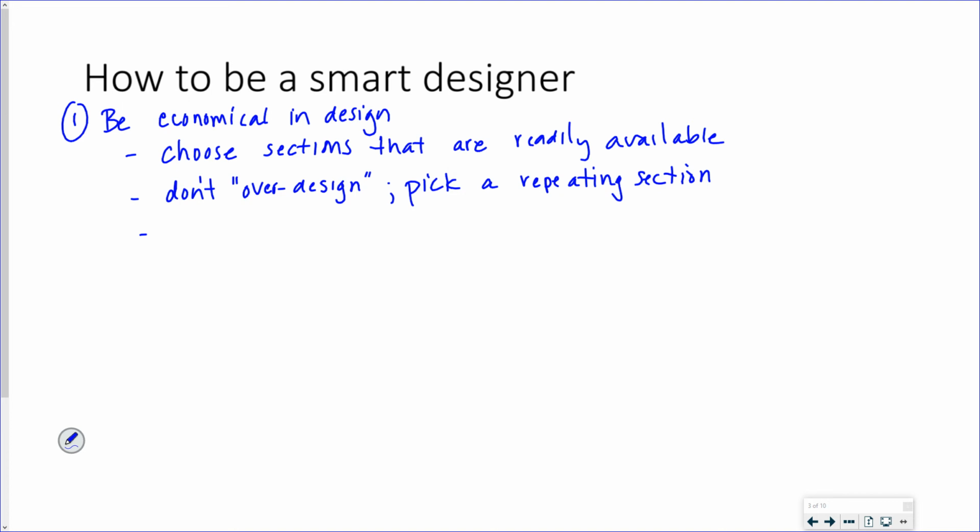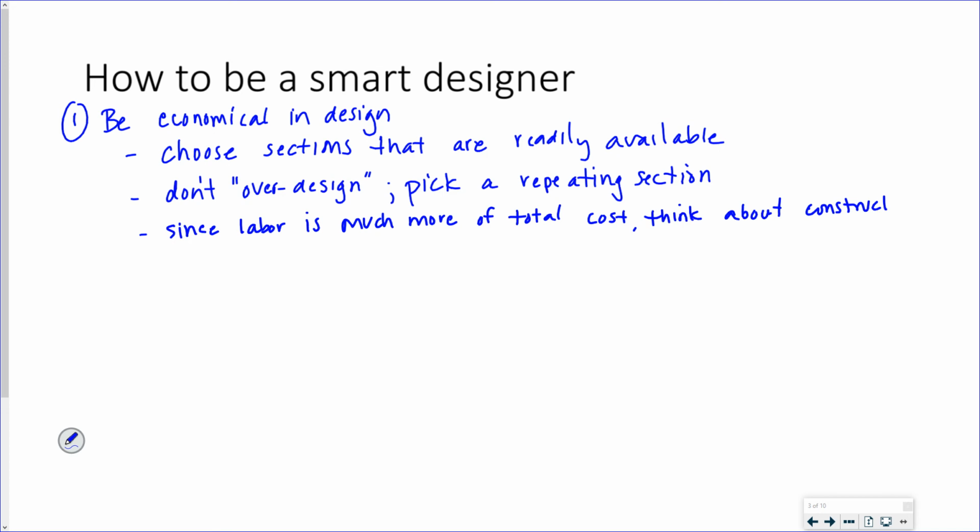And think about constructability. Will it be easy to make?